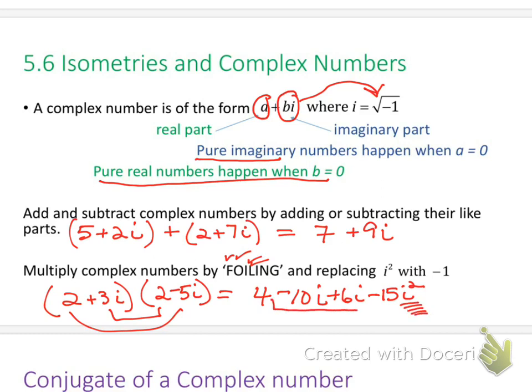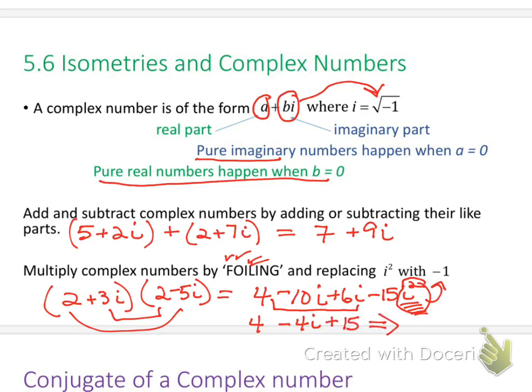Okay, combine these guys together. So far I have 4 minus 10i plus 6i, so that's minus 4i. Now, i squared is equal to negative 1. So negative 1 times negative 15 is positive 15.